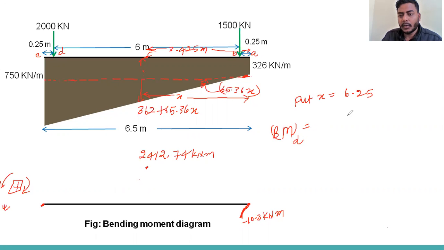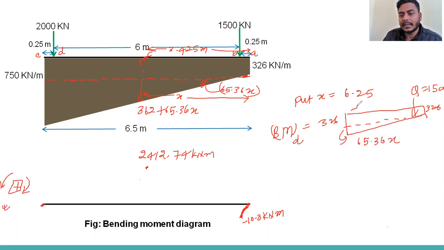You can see the loading diagram also, so I'm writing it here. Here will be 326. Here Q, that is 1500. Here you can divide into two parts. So this is 326 and this would be 65.36x, and this x would be 6.25 from the left.